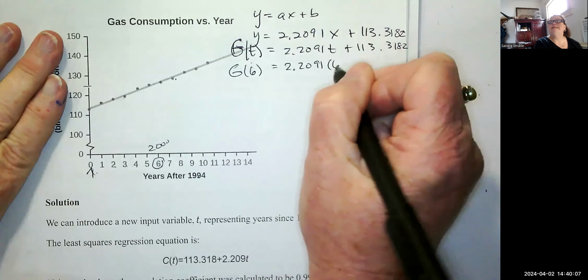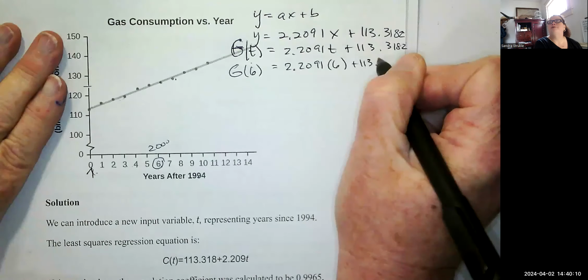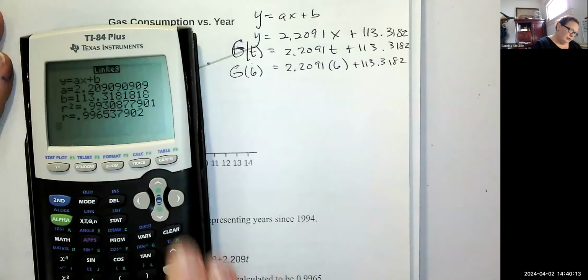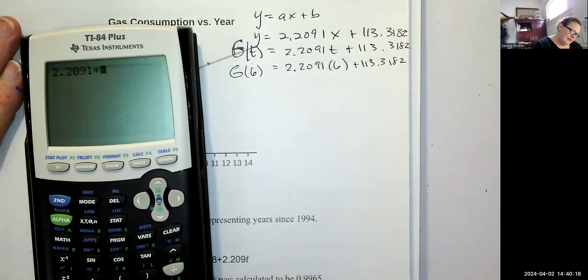2.2091 times 6 plus 113.3182. All right, let's do a little calculation here. 2.2091 times 6, and I know I didn't do this in class, plus 113.3182, but it's stuff that's really important.